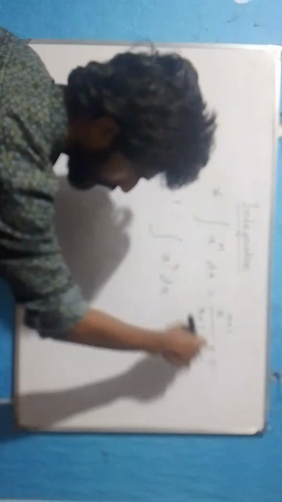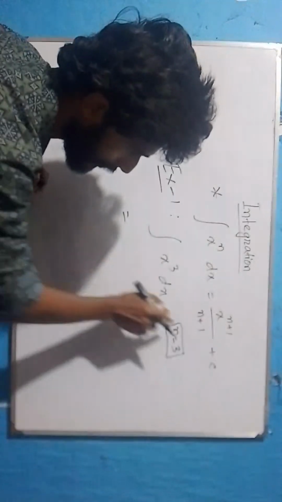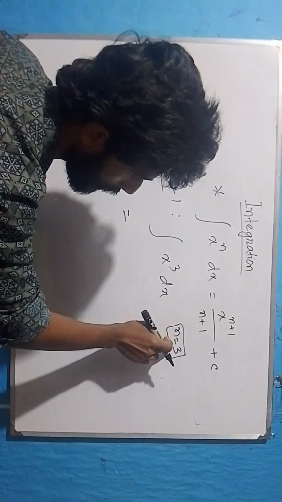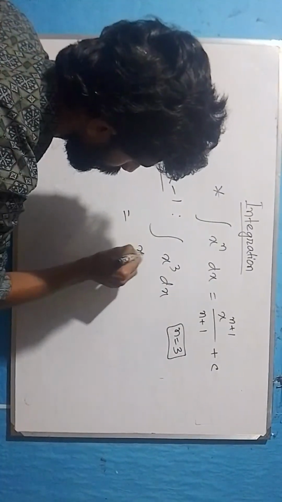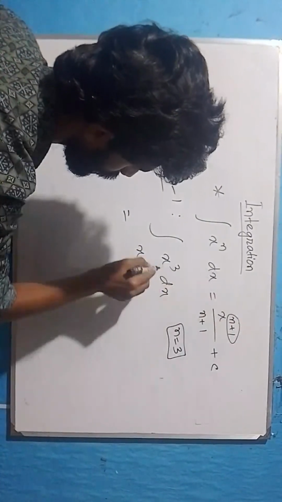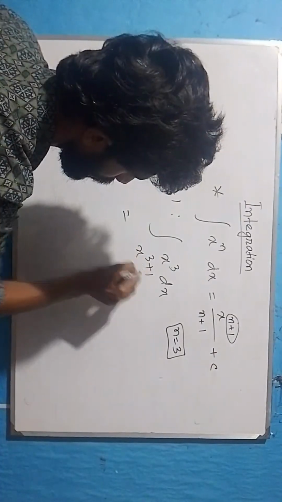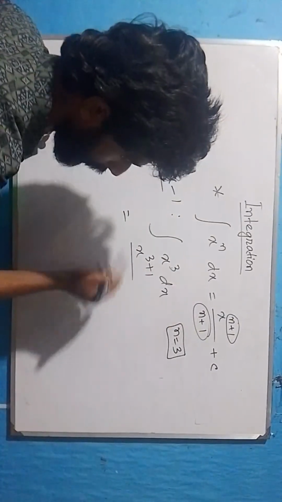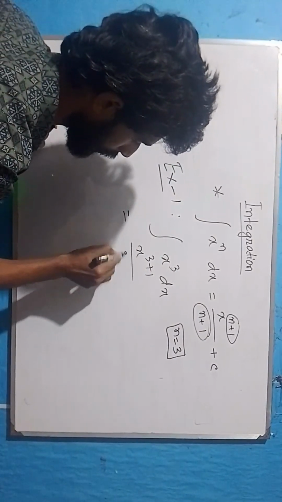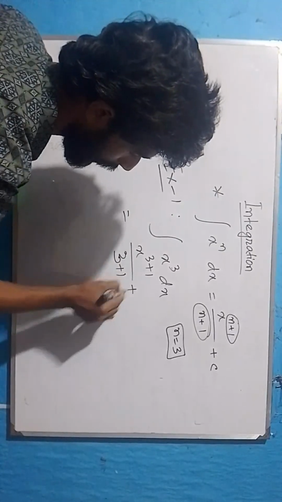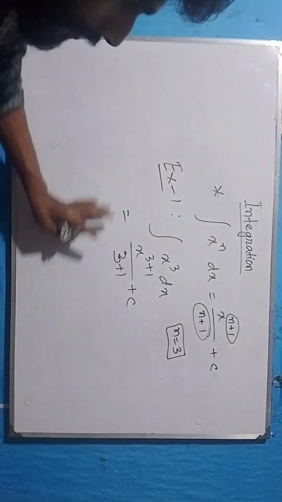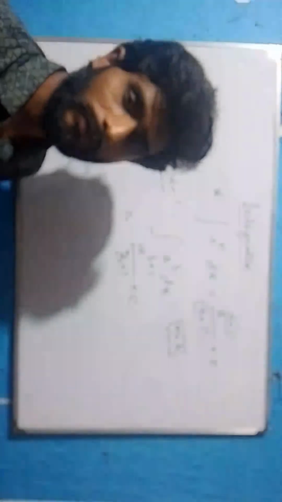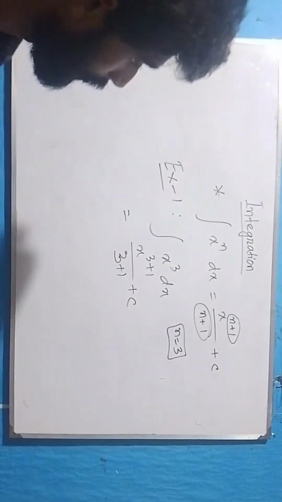So I will write 3 instead of n. So x to the power n plus 1, n is 3, so 3 plus 1, divided by n plus 1, which is 3 plus 1, and then plus the constant c. Okay, so this is our first example.